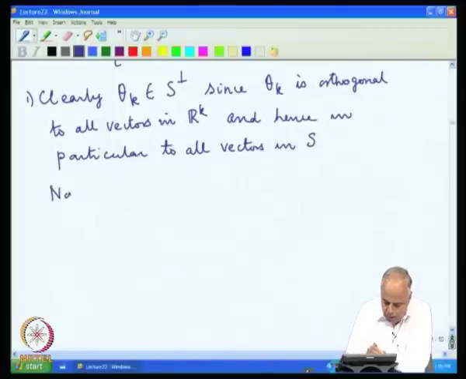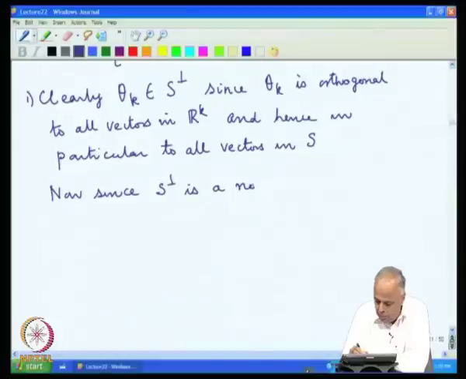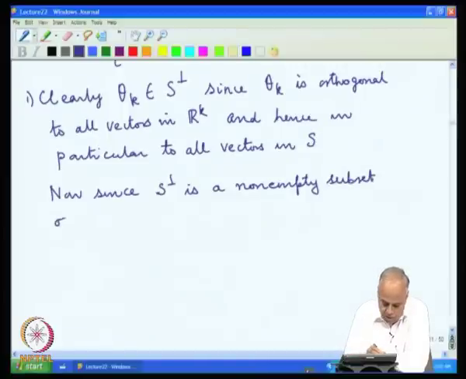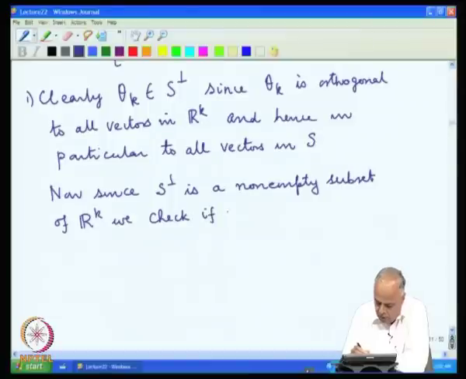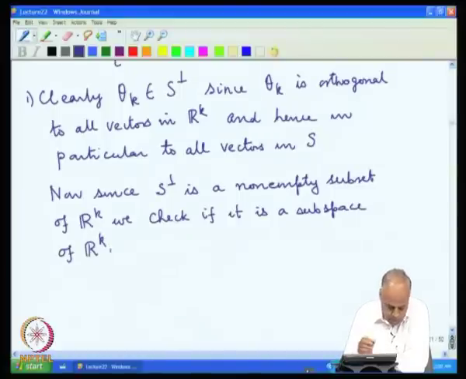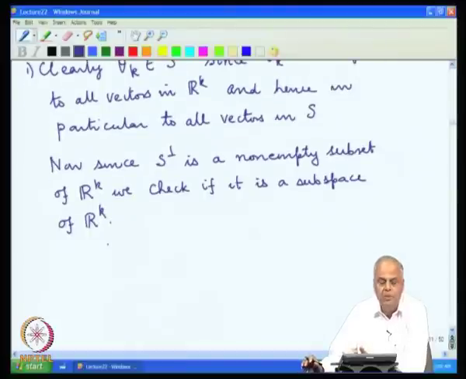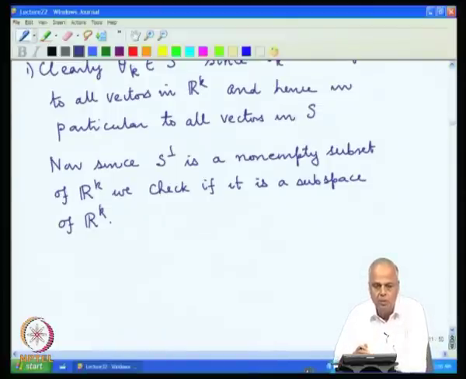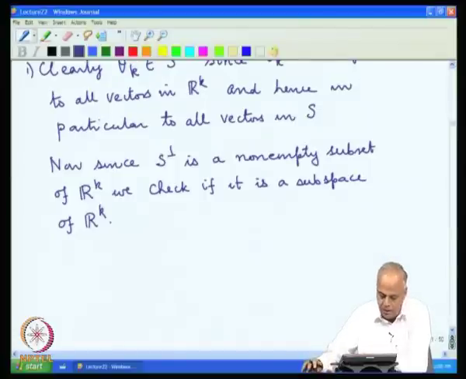So, we check if it is a subspace of R^k. Remember, any non-empty subset of R^k will be a subspace of R^k if it is closed with respect to the two basic operations of addition and scalar multiplication.